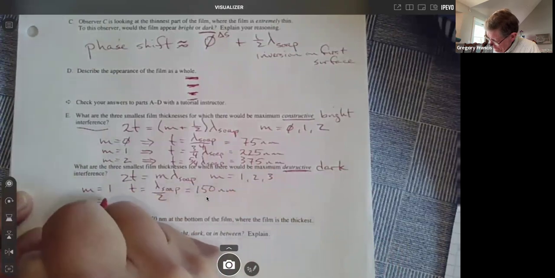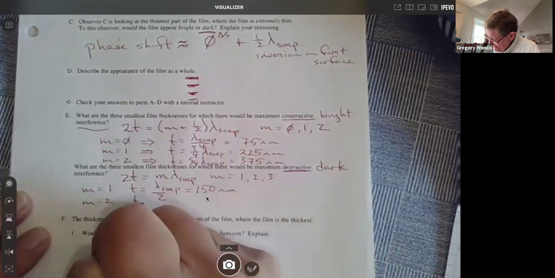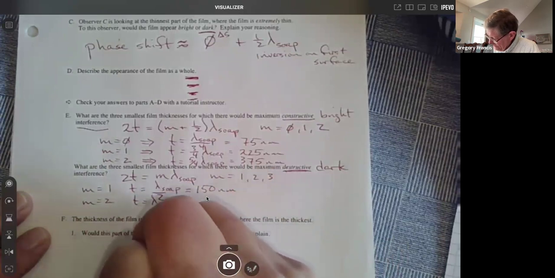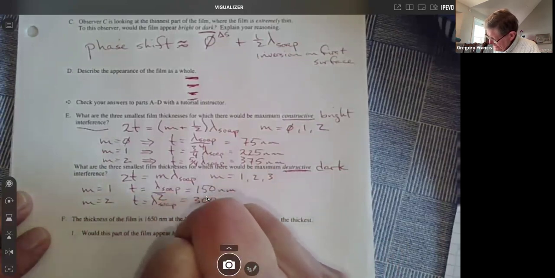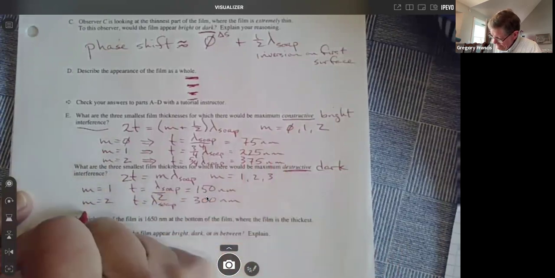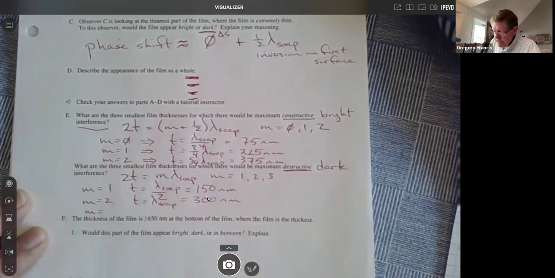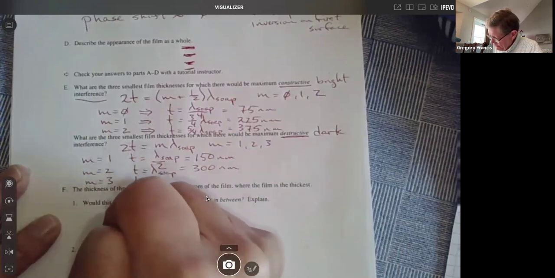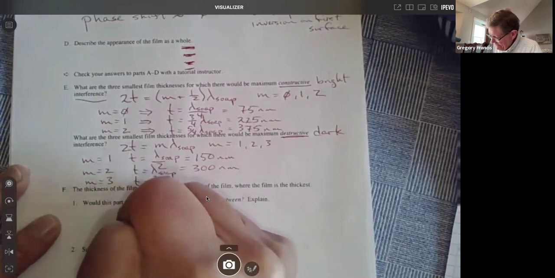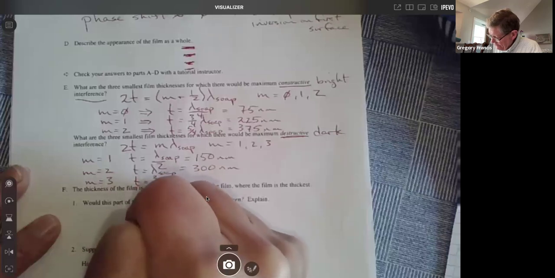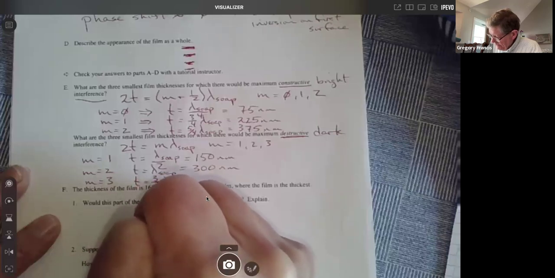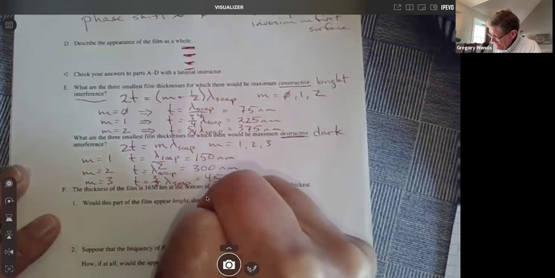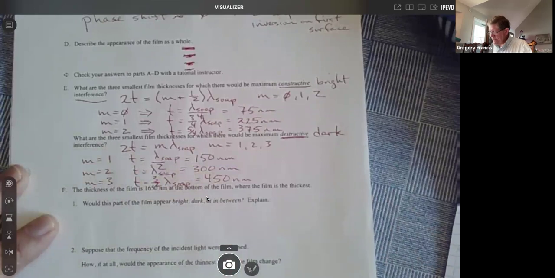For m equals 2, I'm going to have t equal to lambda soap, or 300 nanometers. For m equal 3, I'm going to have t equals 3/2 lambda of the soap. That's going to be 450 nanometers. Okay.